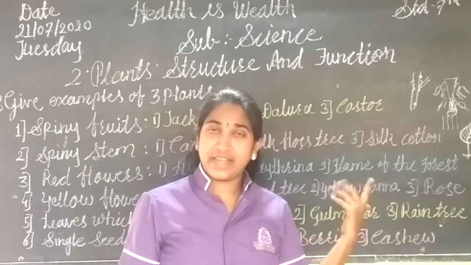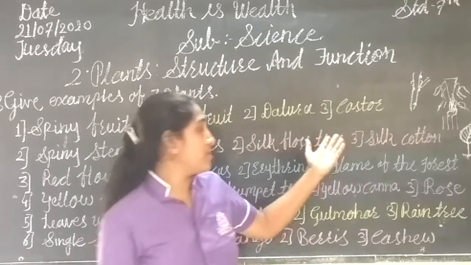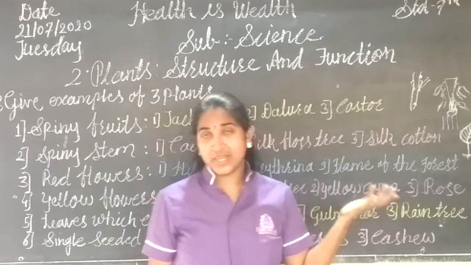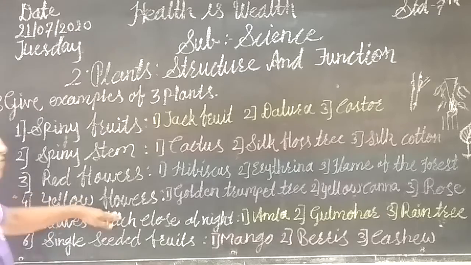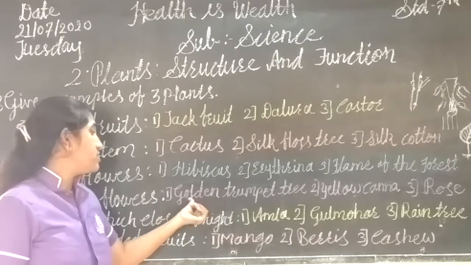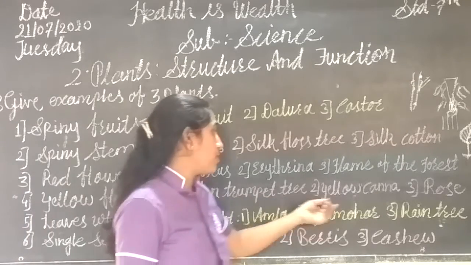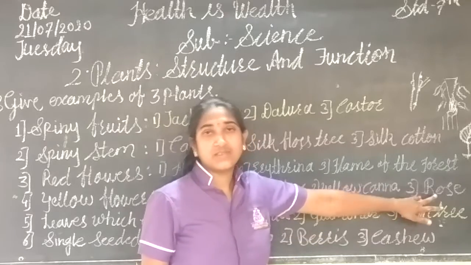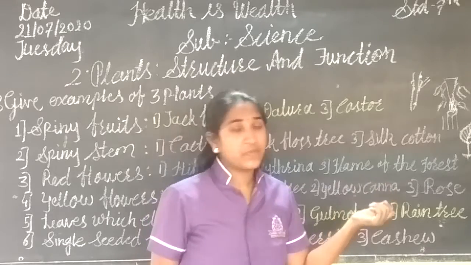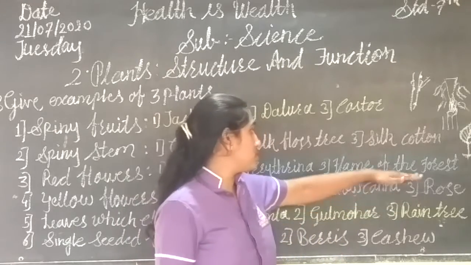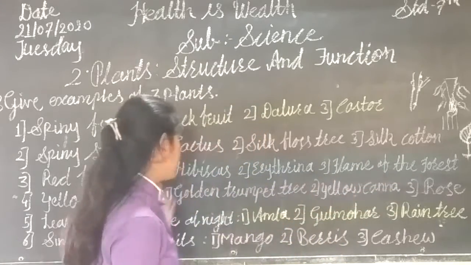You can give any example. It is not necessary to give whatever we have given. Then yellow flowers. Yellow flowers are golden trumpet tree, yellow canna, and rose. Rose has red color also, yellow color also. So you can write rose here also and rose here also.